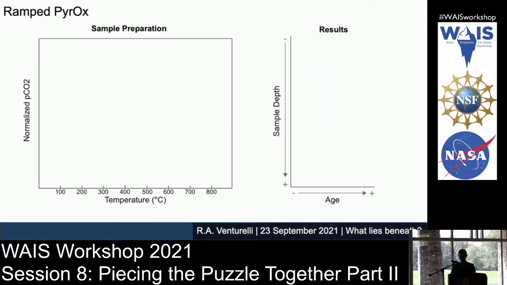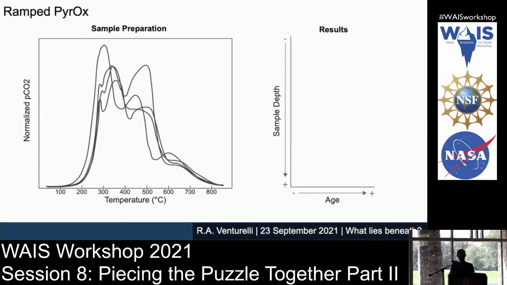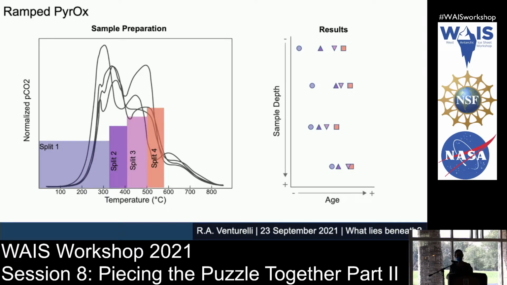This method exposes a sediment sample to a constant temperature ramp that exploits the difference in thermochemical stability between that really old stuff that's been hanging out for a while and the stuff that was more recently deposited in the Holocene. And this allows us to use the low temperature end of this spectrum to gain a really nice chronological constraint of when the ocean last touched the subglacial environment.